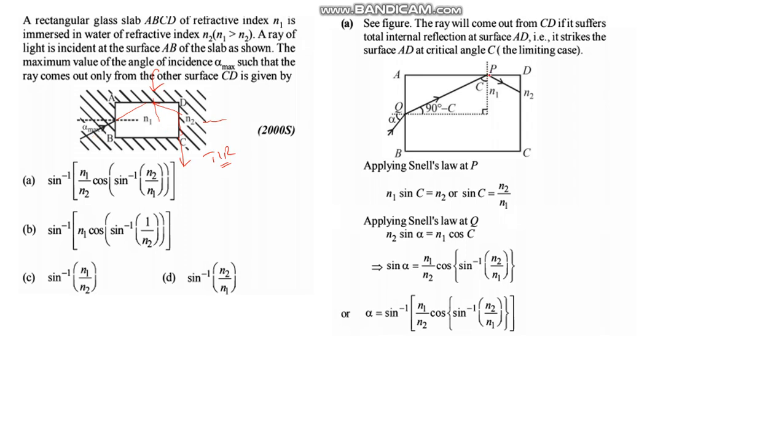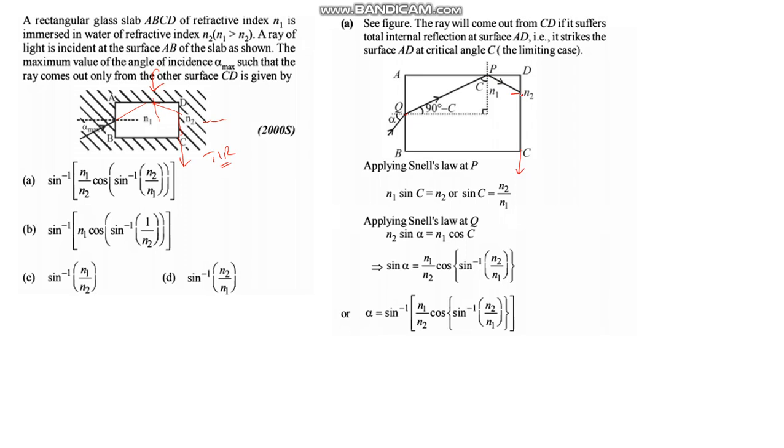As shown in this diagram, there is a point P, and there are two surfaces with two refractive indices. You can apply Snell's law twice, once at Q and once at P. The ray is basically coming out like this.